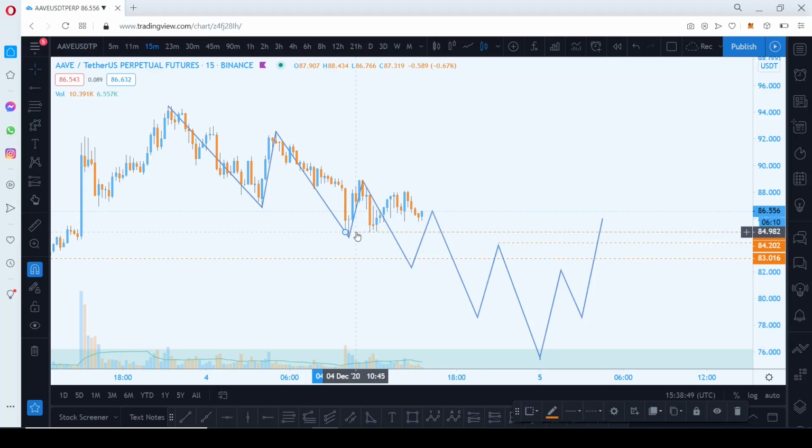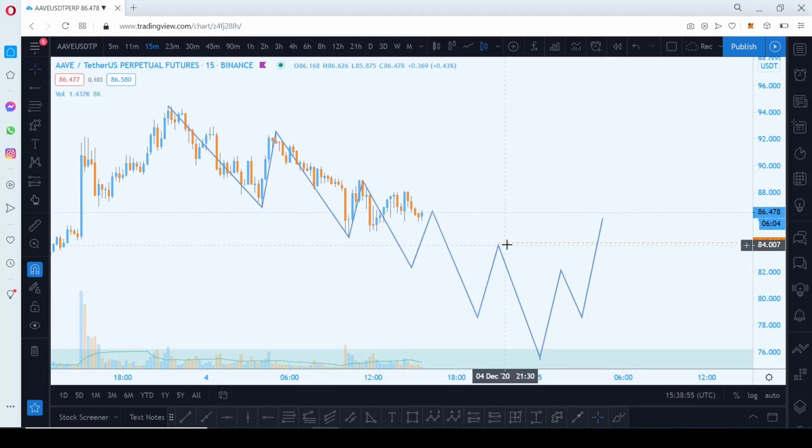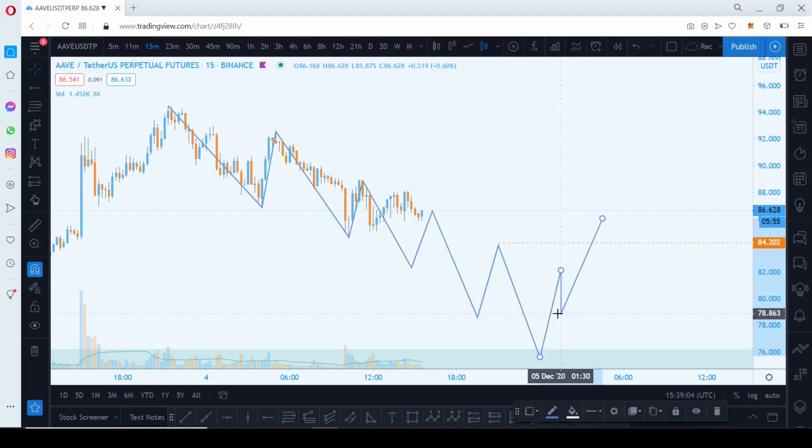Let me remove this and remove this. Now, once this high is taken out, there will be a demand either here or here, because we may not even have a retracement like this. We can have a straight move like this.